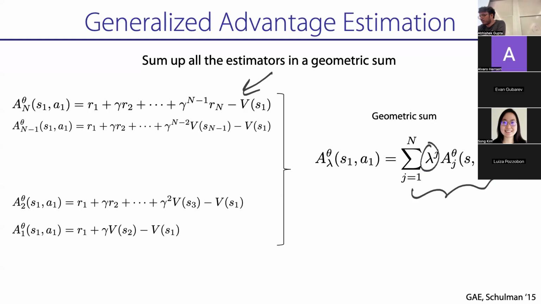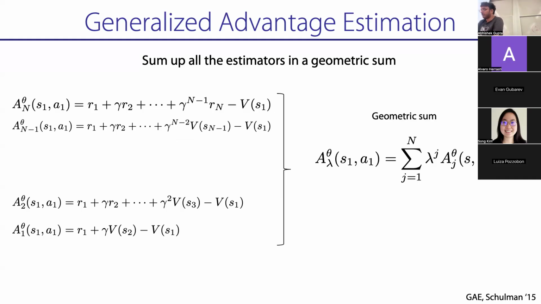Lambda tells me I'm going to compute each of these estimators, and then take a geometric sum according to lambda. Lambda equal to 0 means I'm at the one-step estimator. Lambda equal to 1 means I'm at the n-step estimator, and anything in between is interpolating between them.